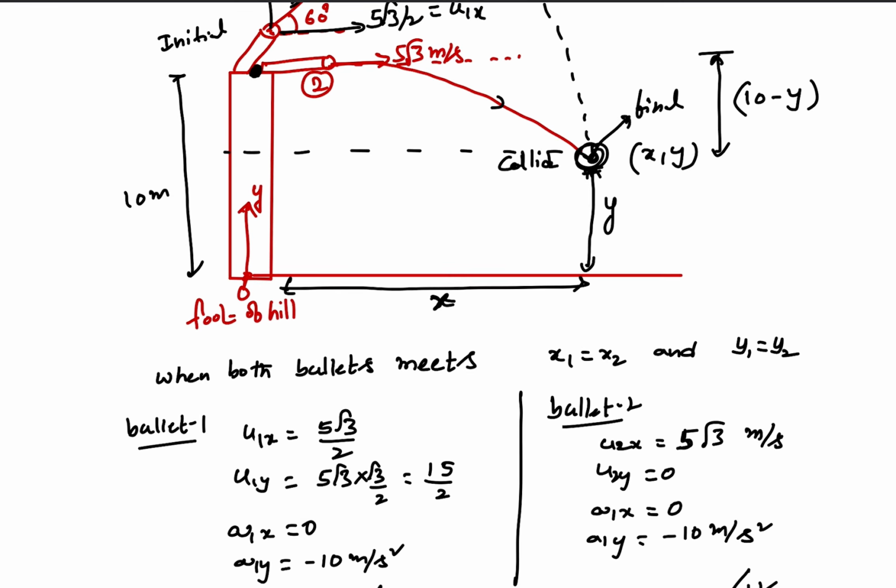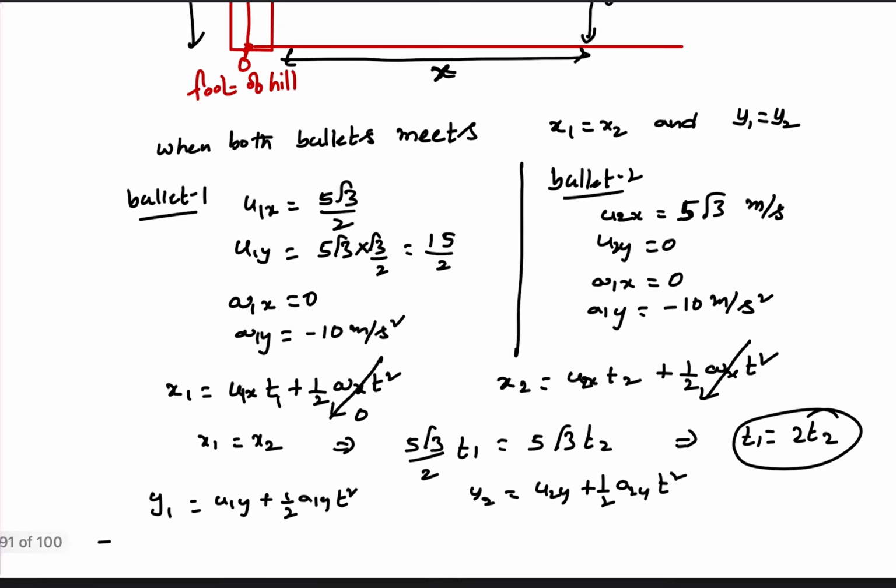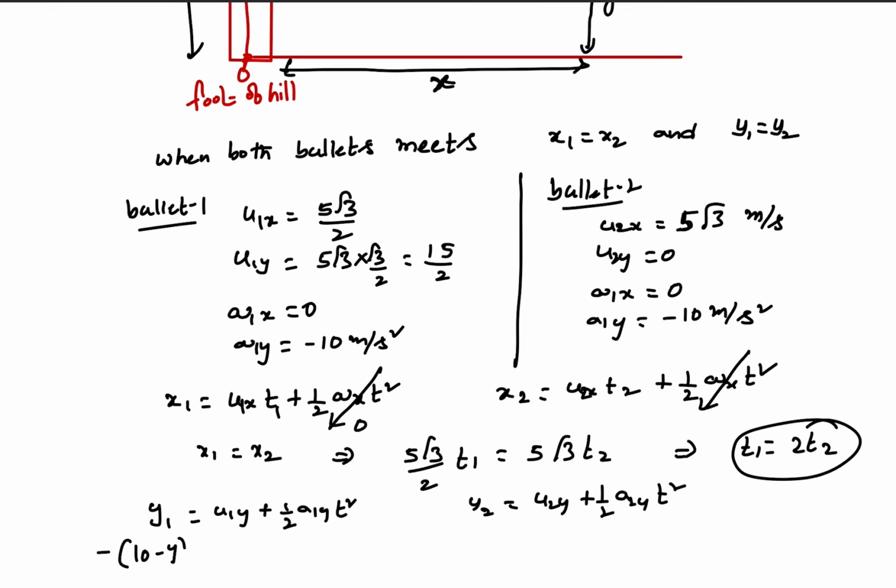You can write the y1 value from the diagram, taking this as a reference line for the bullets: negative of 10 minus y is equal to u1y value, 15 by 2 into t1, minus 5 into t1 square. Similarly, negative of 10 minus y is equal to u2y value, 0, minus 5 into t2 square.